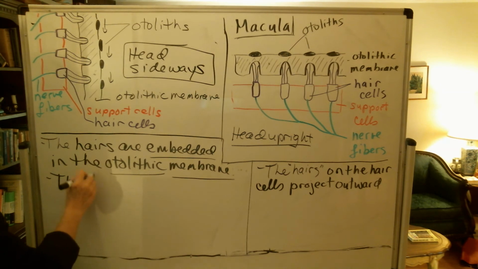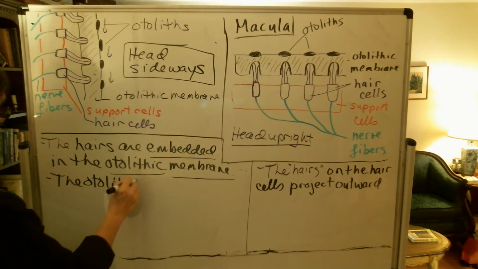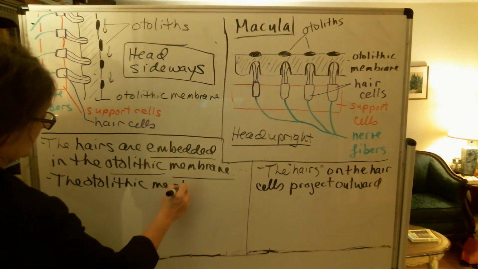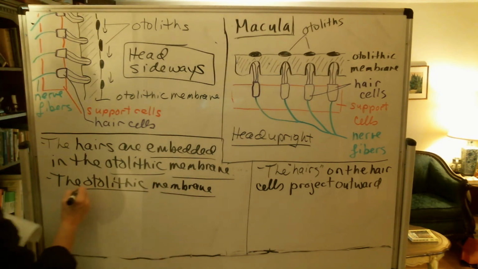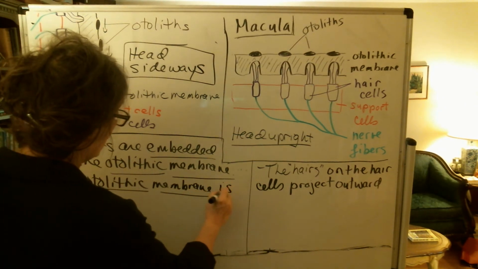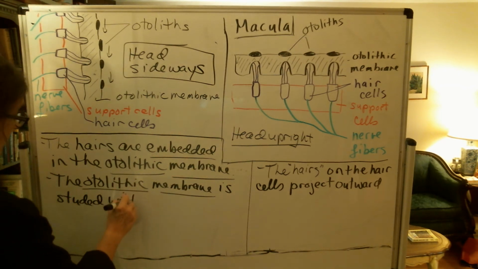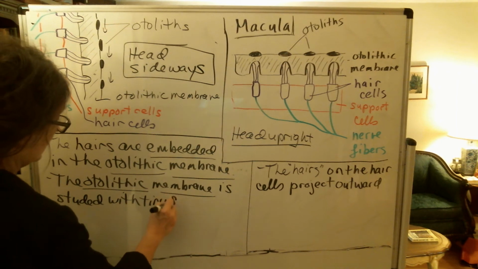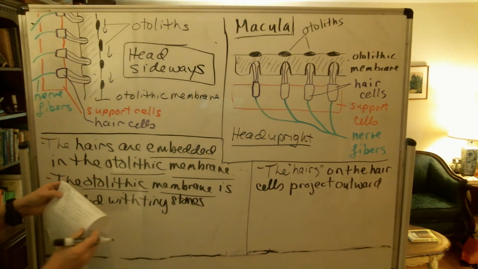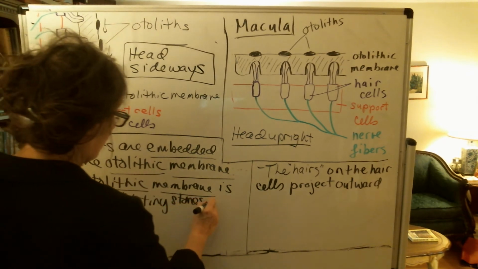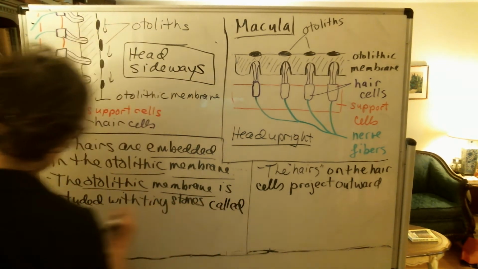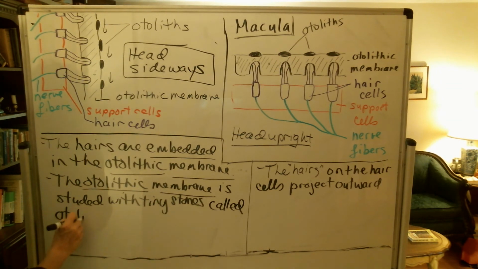And the otolithic membrane then is studded with tiny stones, actual rocks here, that are called otoliths. Lith means rock, oto means having to do with the ear. So these are literally ear rocks or ear stones.